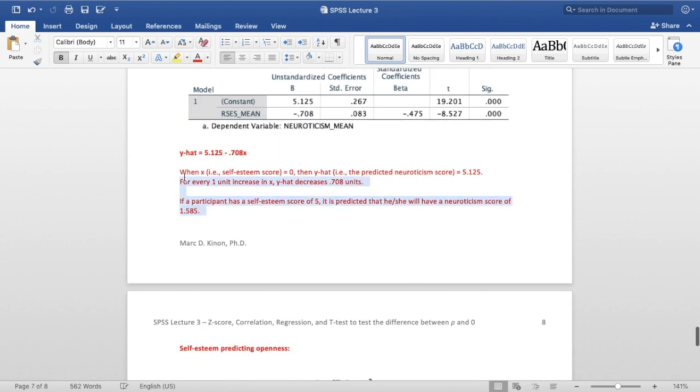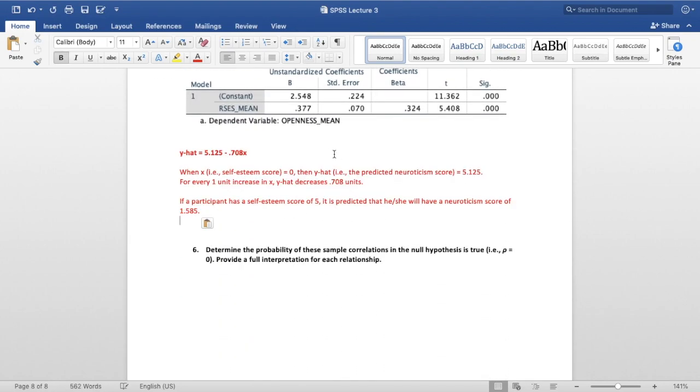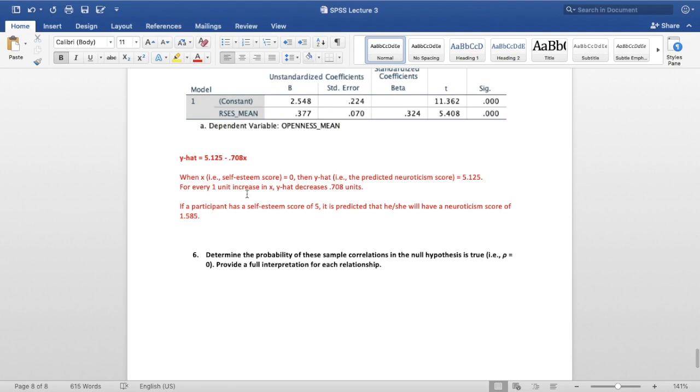Perfect. So what you can do is just borrow from what you did above, saves time. Just change the numbers around.